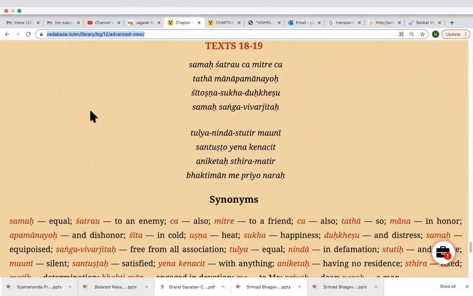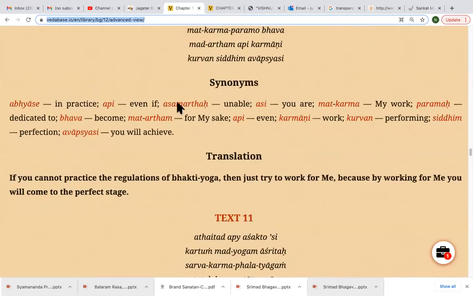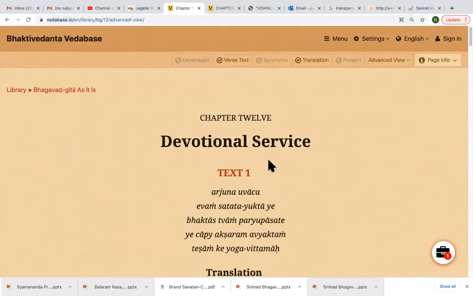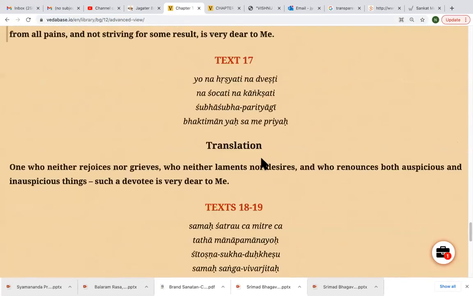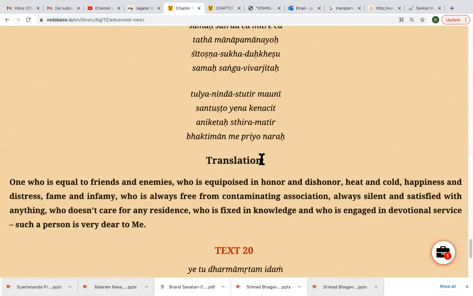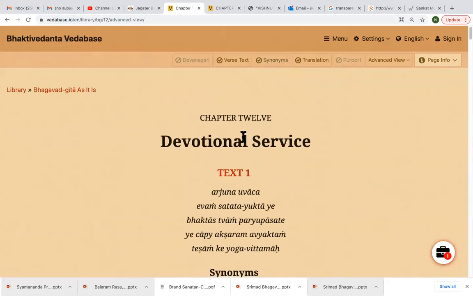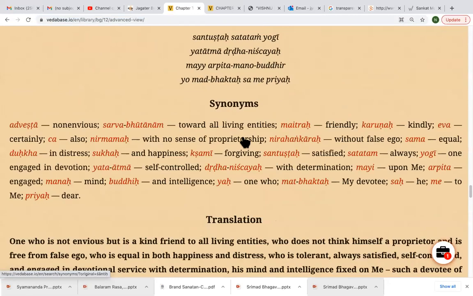Prabhuji, we have that view where you have the Sanskrit text as well as the English. Yes. Got it. Let's try that now. No, I would like the synonyms to be present because. Oh, you want the synonyms? Oh, yeah. The Sanskrit as well as the English, and like this, you mean?